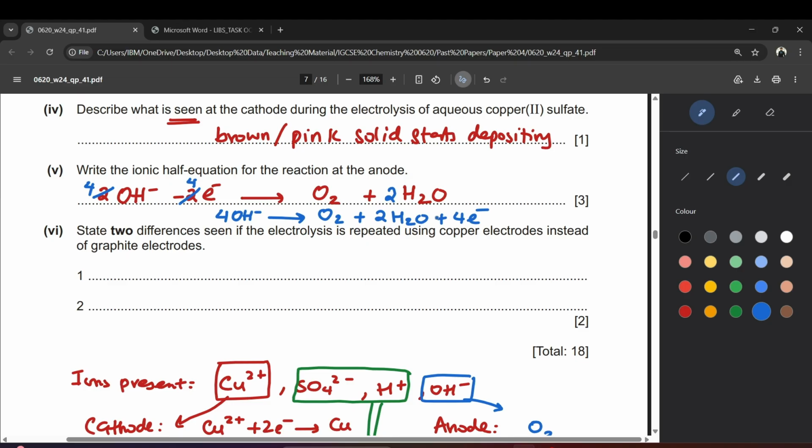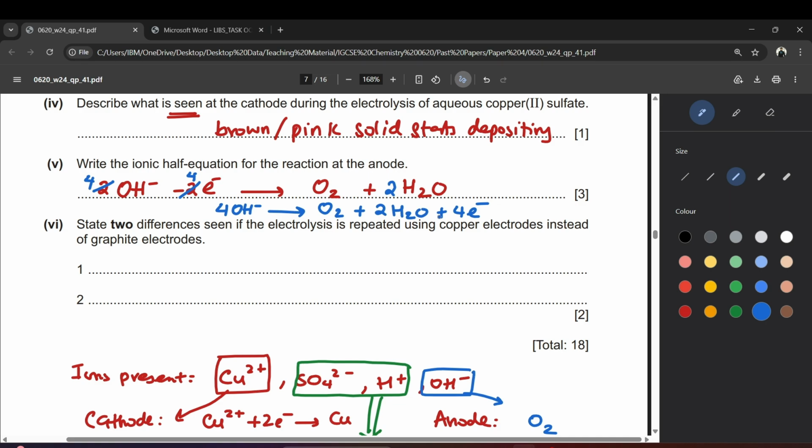All right. The next part is: state two differences seen if the electrolysis is repeated using copper electrodes instead of graphite electrodes. Now, if you replace the graphite electrodes with copper electrodes, this is a question of purification of copper.